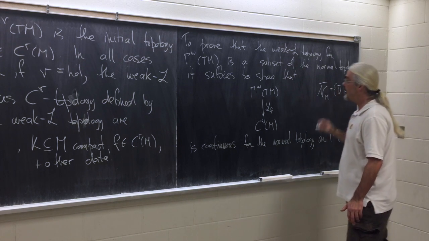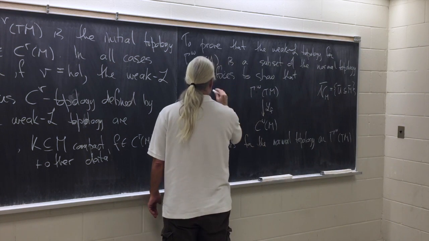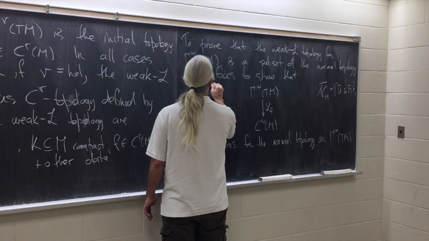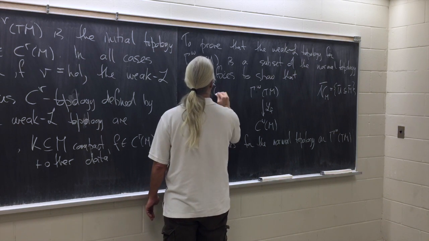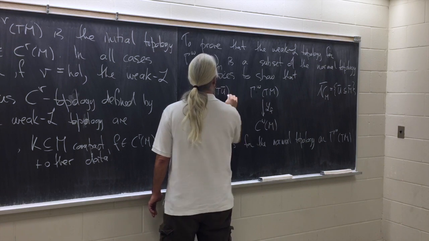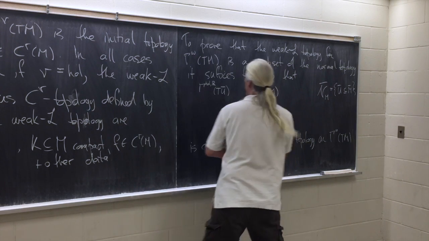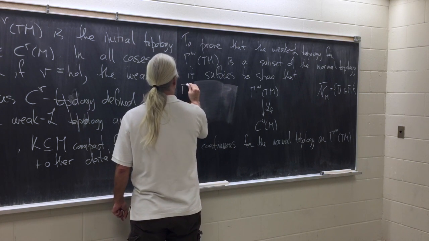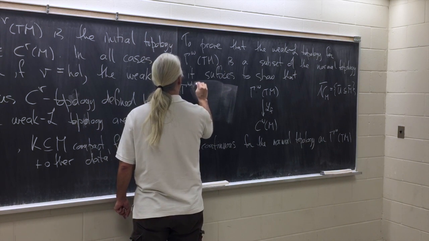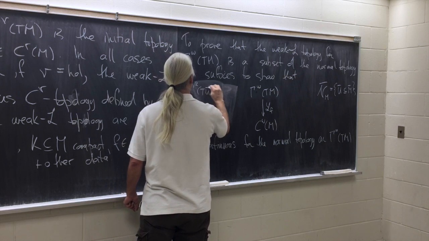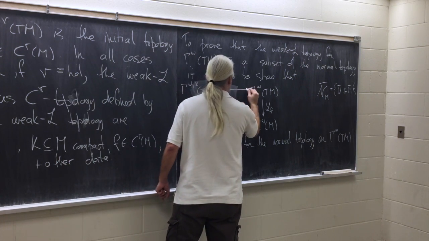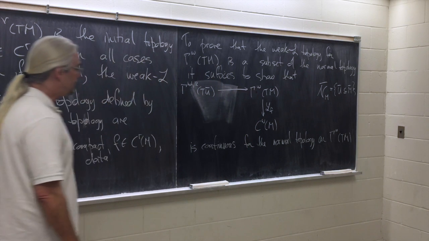So for every U bar in here, we had a restriction mapping, Gamma holomorphic R T U bar. So we have a mapping like this. What's that mapping?